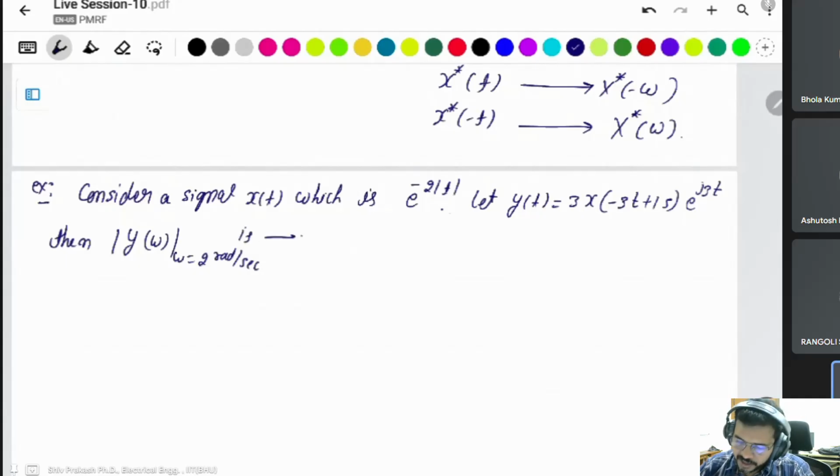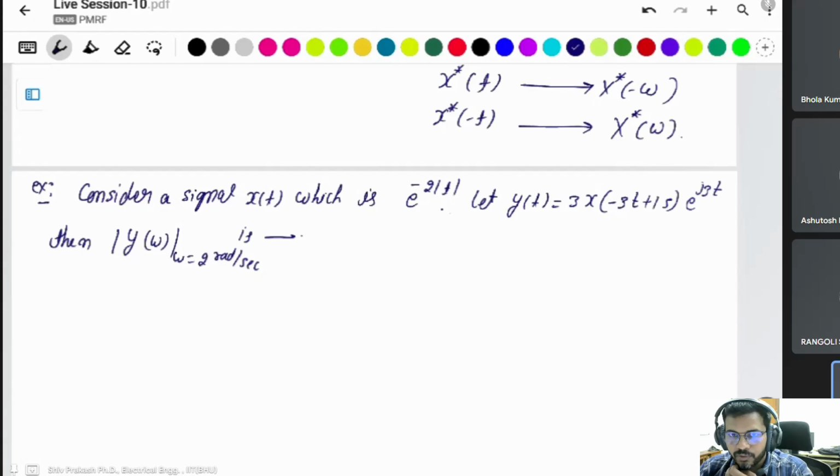It means xt is given here as e to the power of minus 2t. Then it is asking about yt, which is a function of xt. It will be 3x of minus 3t plus 15 into e to the power of j3t.